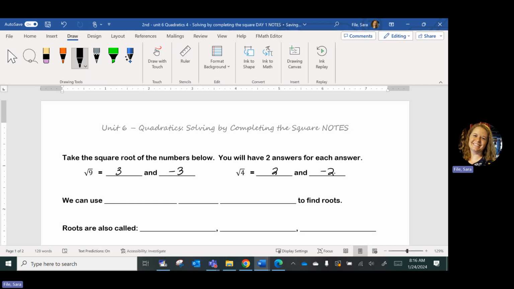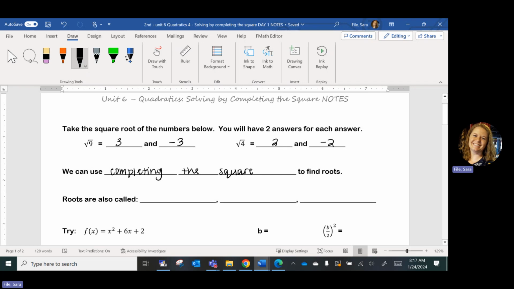Okay, we are going to use what is called completing the square to find roots. Okay, meaning we are going to create a perfect square trinomial that can be rewritten as a binomial squared. Okay, just a quick refresher.